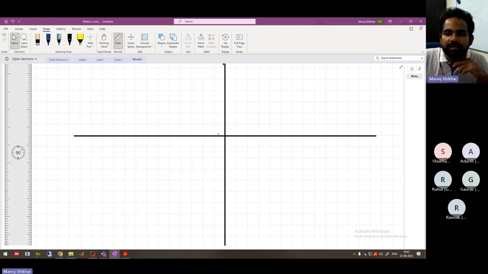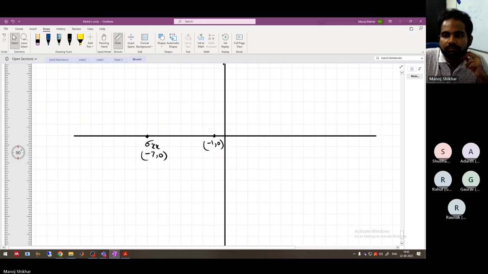So what do we do? First we mark sigma 1, 2, 3, 4, 5, 6, 7. So this is my sigma xx, minus 7 comma 0. This is my center, minus 1 comma 0. And this is my sigma yy comma 0.